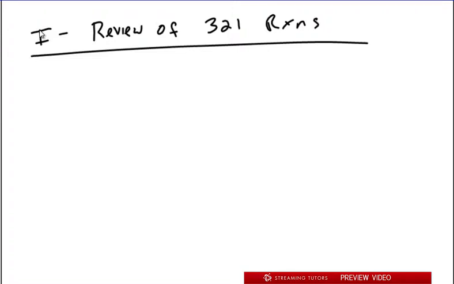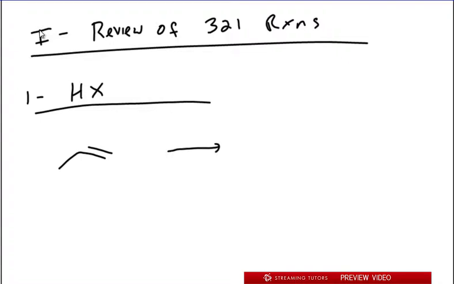It's conjugated systems, right? And so the first one I want to talk about is HX, of course a hydrogen halide, and how it reacts with an alkene. So there are certain things we have to remember. Remember that when you have HX, it could be HBr, HCl, so X could be any halogen: Br, Cl, I, F, and so on.